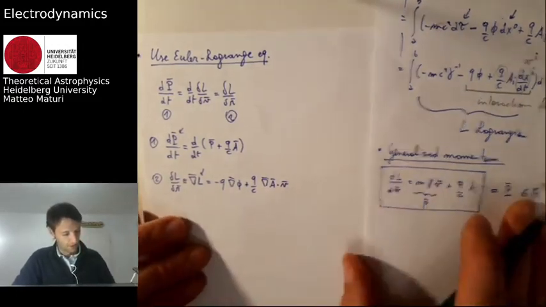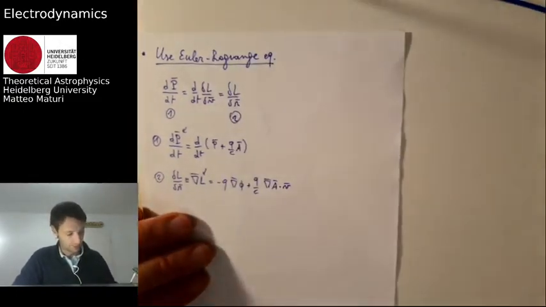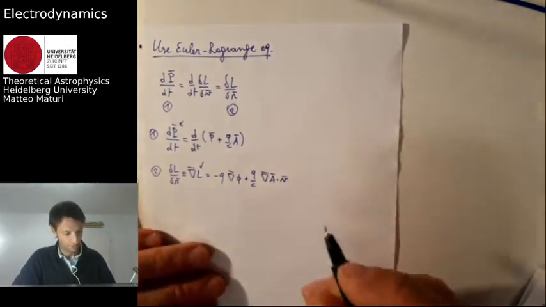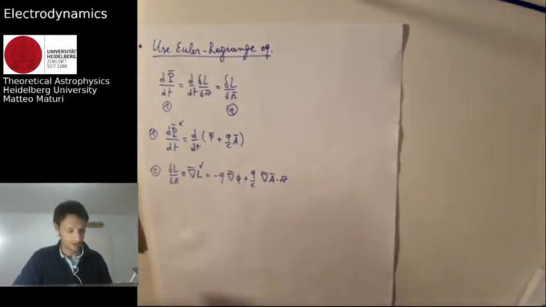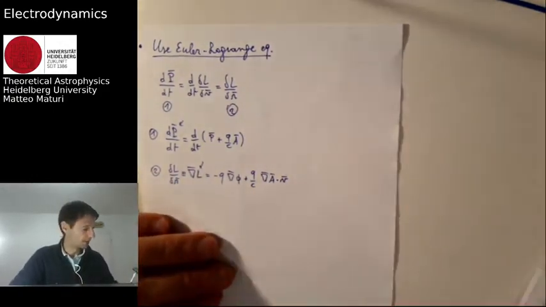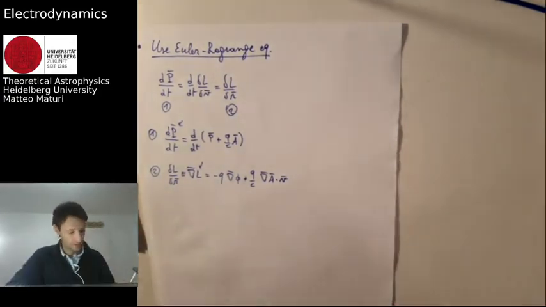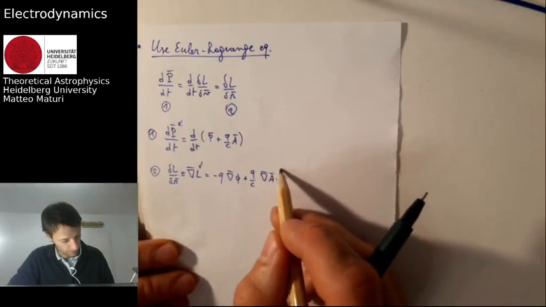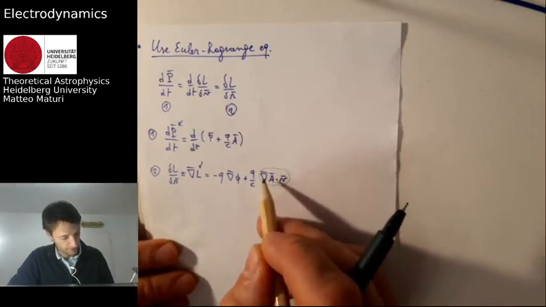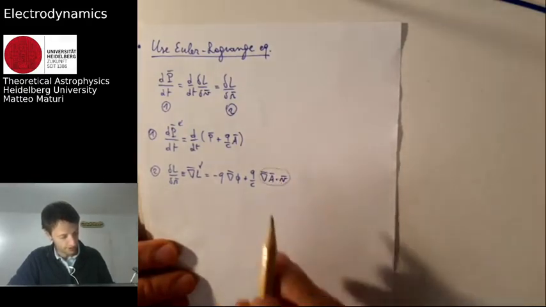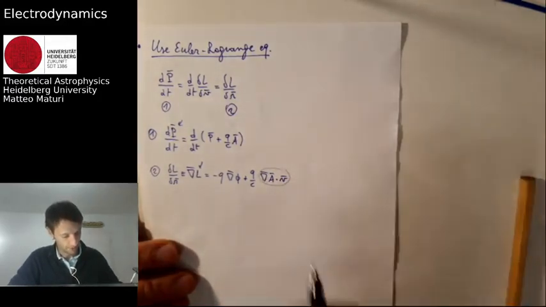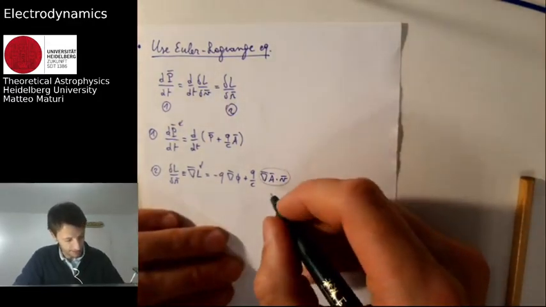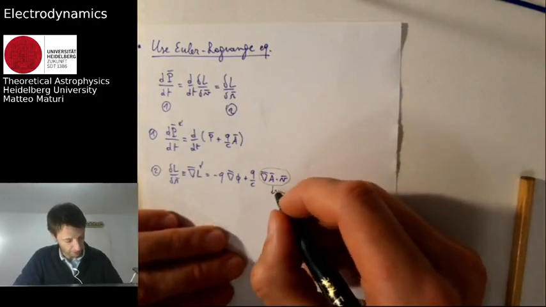Good. Now what we do is reshuffle these equations a little bit so that there are terms that cancel. For example, we can take this term here, the gradient of v dot A, where v is a vector. So it's the gradient of a scalar product of vectors, and this can be re-expressed in another form.